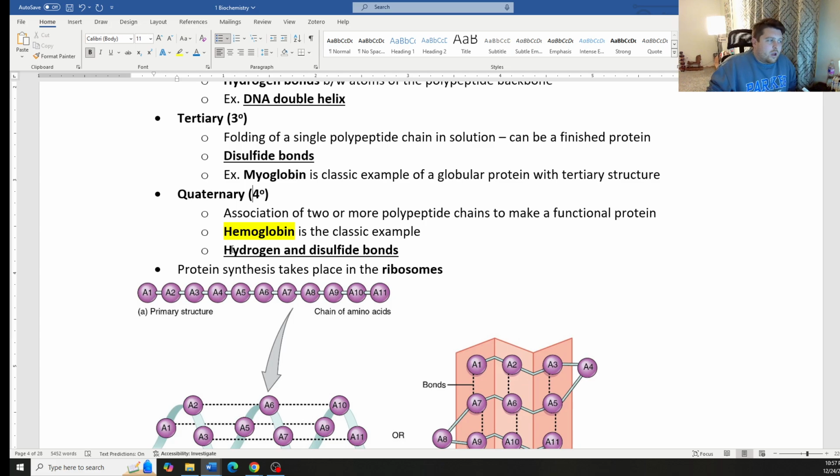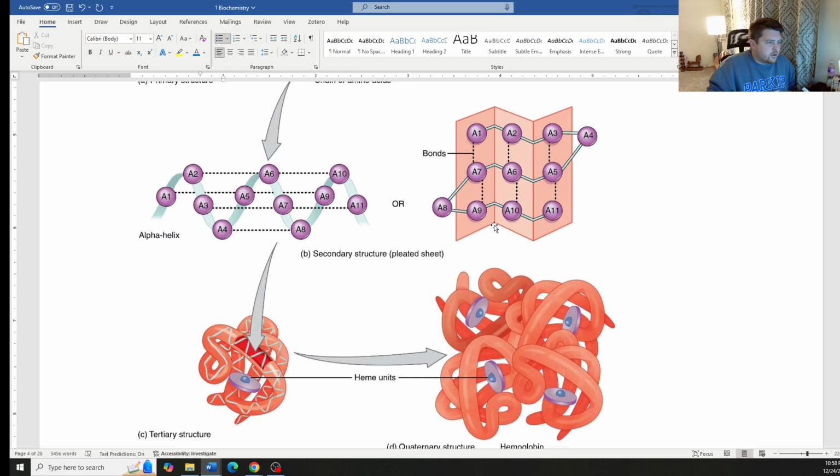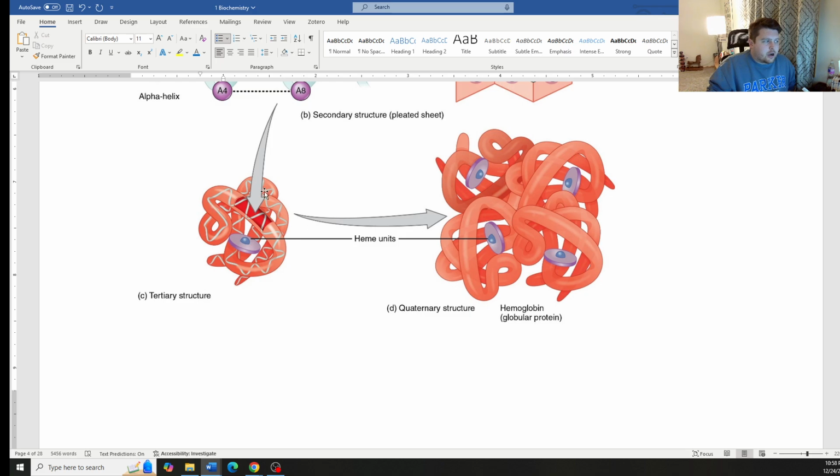Once again, we have our hydrogen bonds and disulfide bonds. And you can also see here another type of interaction called van der Waals forces. These are the 3 types of interactions or bonds that occur within a quaternary structure. So here we see our tertiary structure like our myoglobin, and this is our hemoglobin, 4 of those put together.